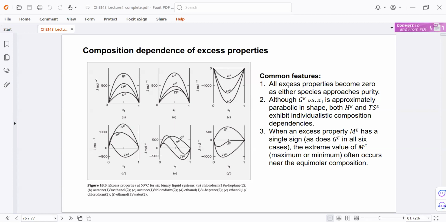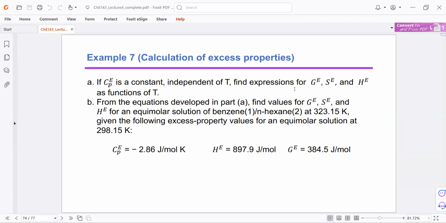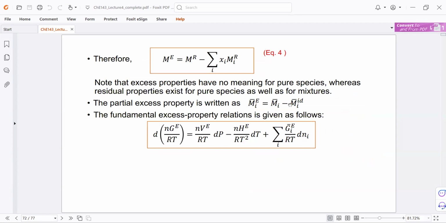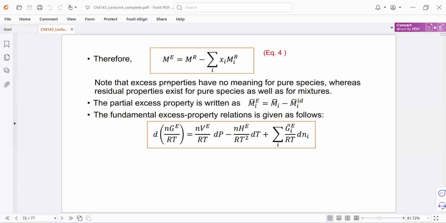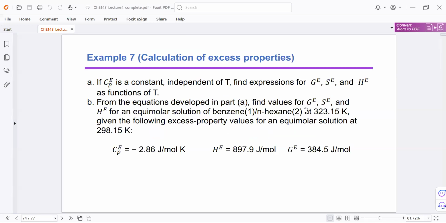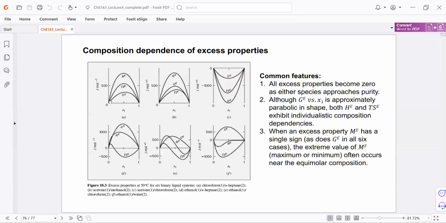That is expected because of what we derived earlier. We said earlier that excess properties have no meaning for pure species because, as shown in the figure, for pure species, excess properties just become 0.